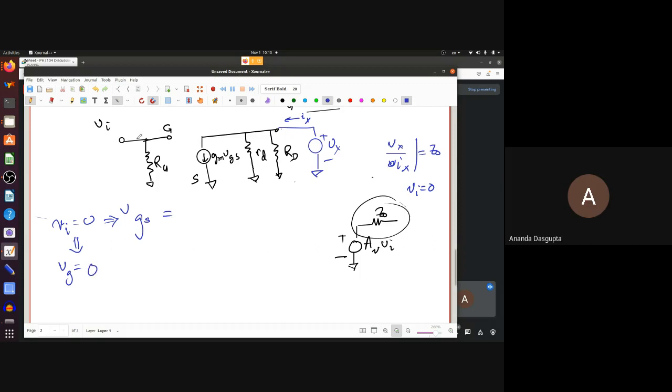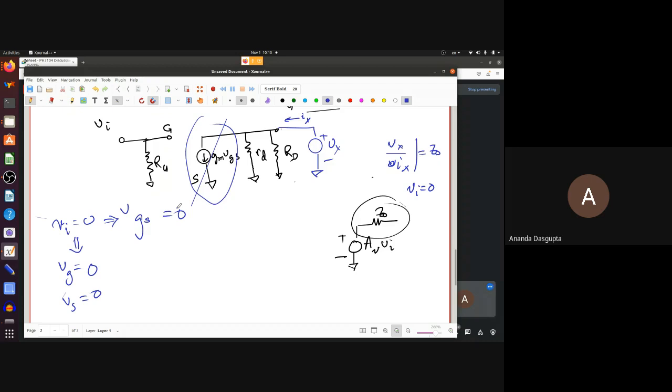VG is joined to Vi, so Vg and Vi are equal anyway. And Vs is always 0 because it's grounded. So VGS is 0. So this particular current source is now 0. What that means is there is no current here. That means you can just forget about this.